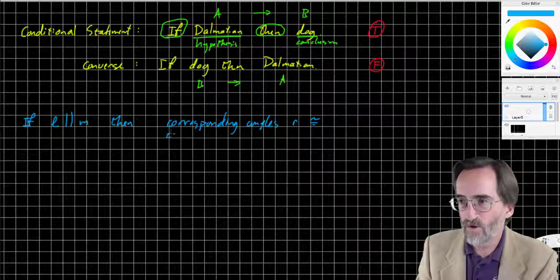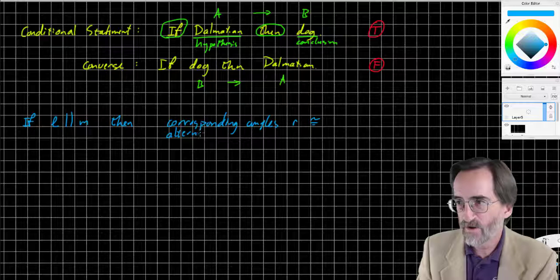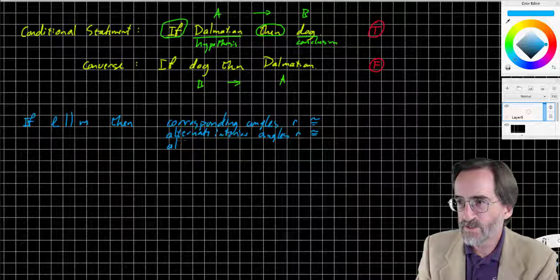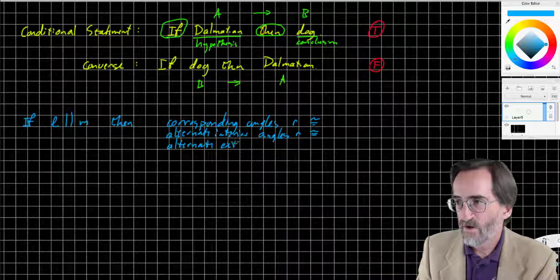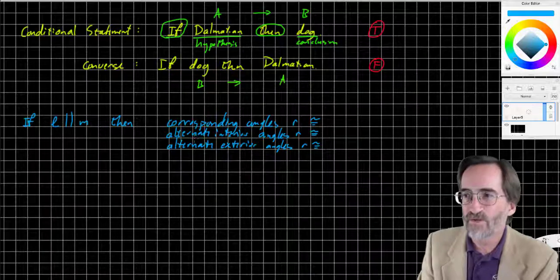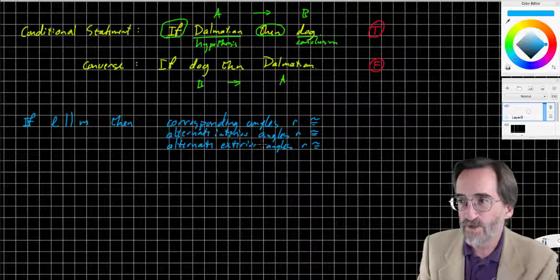We learned alternate interior angles are congruent. We learned alternate exterior angles are congruent. The first is the corresponding angle postulate. The second is the alternate interior angle theorem. The third is the alternate exterior angle theorem.